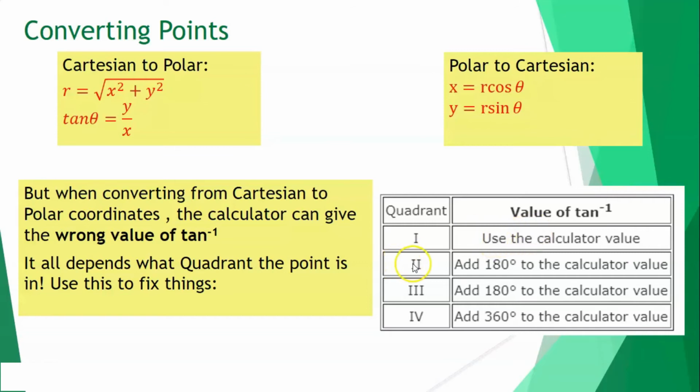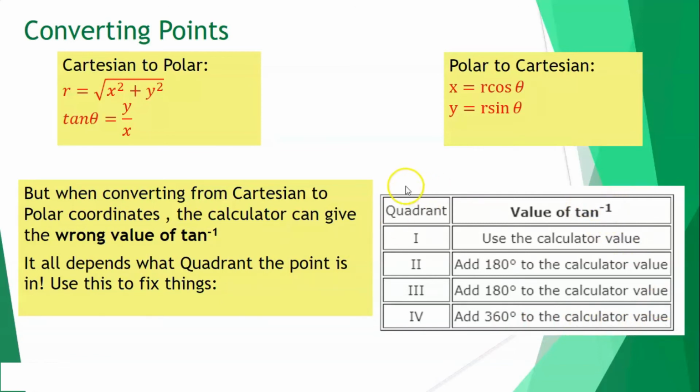But if the point is located in the second or third quadrant, whatever value the calculator gives for tangent, you have to add 180 degrees. Take note of this. This is for the second and third quadrant. Now, if a point is located in the fourth quadrant, add 360 degrees to the calculator value of tangent.